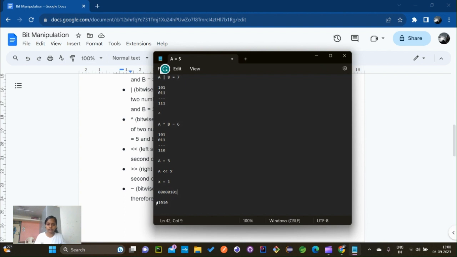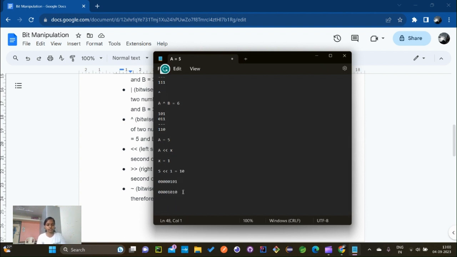If we do the left shift by 1, we'll get this thing. In decimal, it's 10. So 5 left shift by 1, we'll get 10.